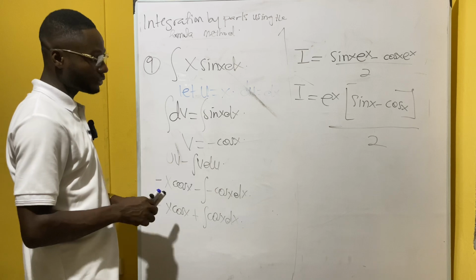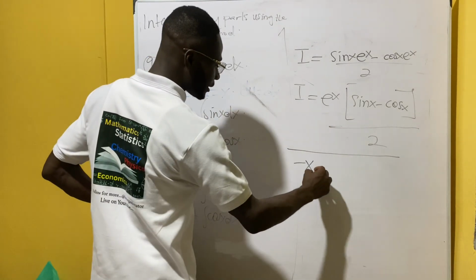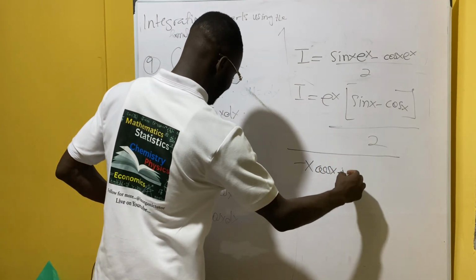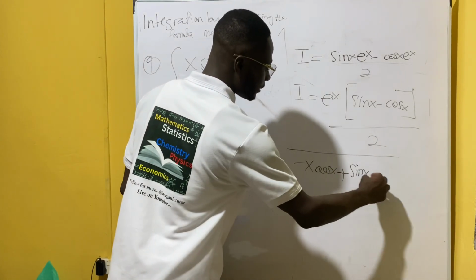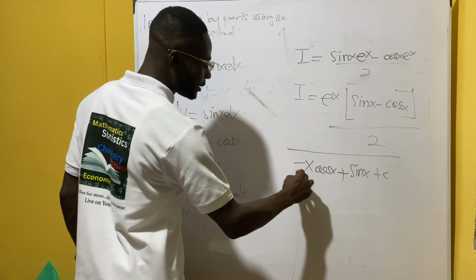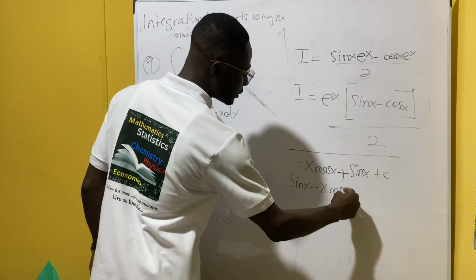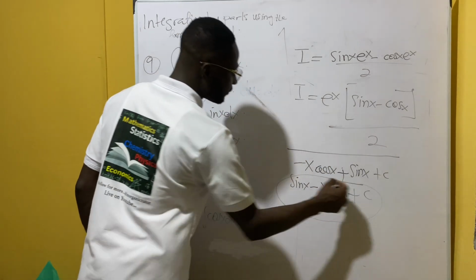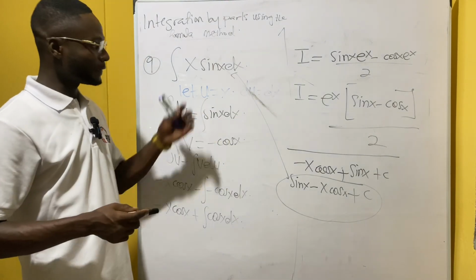So this right here, negative x cos x plus integral of cos x is sine x. So we have sine x plus a constant of integration. But this, we can rewrite it as sine x minus x cos x plus c. That is the constant of integration. And this becomes the solution to this particular problem right here.